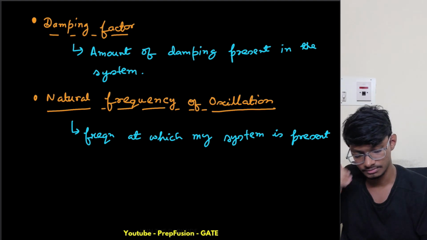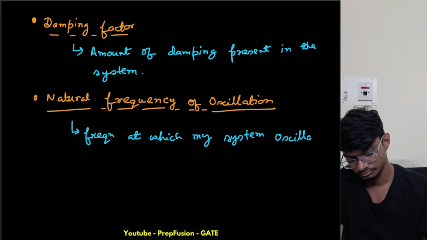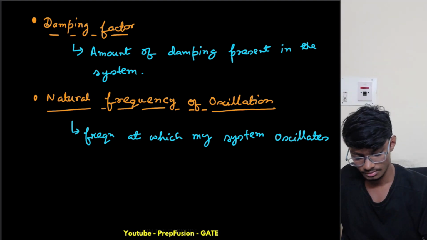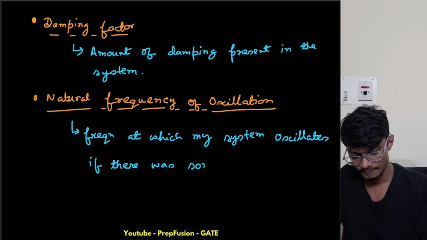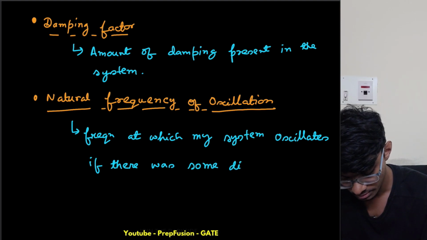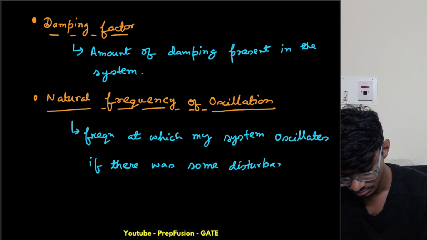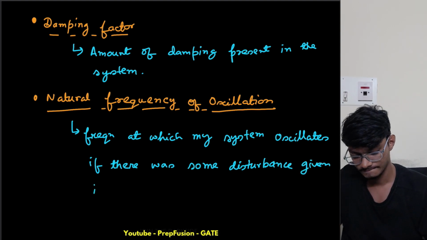The frequency at which my system oscillates with some disturbance initially.